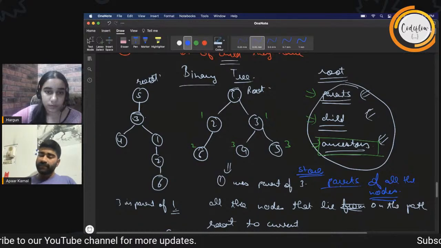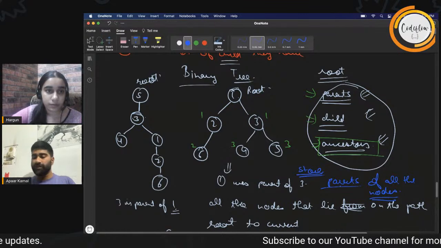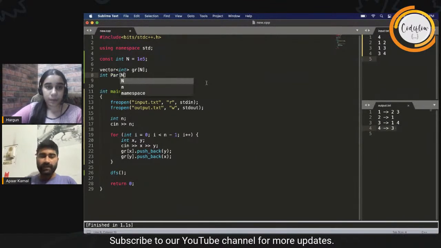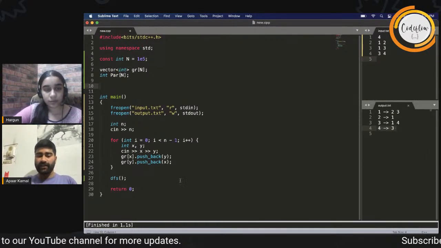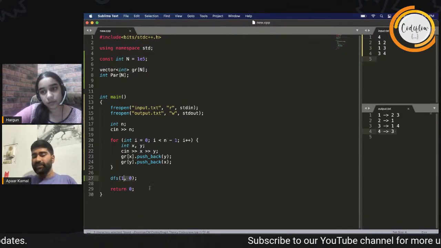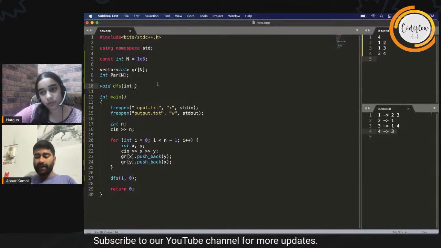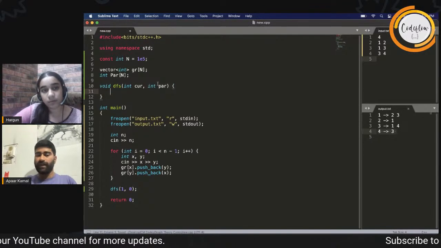So what we'll do is we'll start from a root node, and store the parents of all the nodes. So let's take an array called parent, right? We have taken an array of length n, and let's start a DFS. For now, I'm taking the root node to be 0. I'm passing 0 to be the parent of 1 for now, right? So DFS takes an int current node which I am on, and a parent node, right?